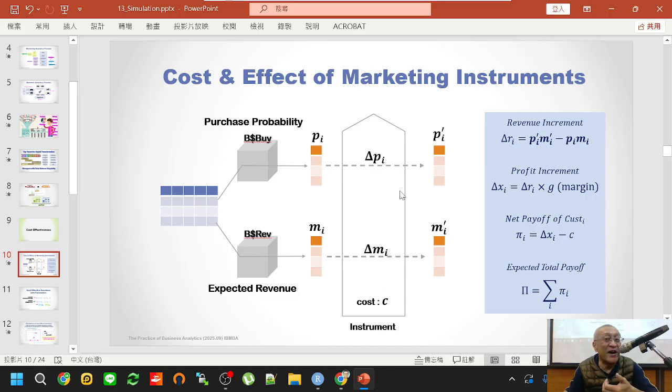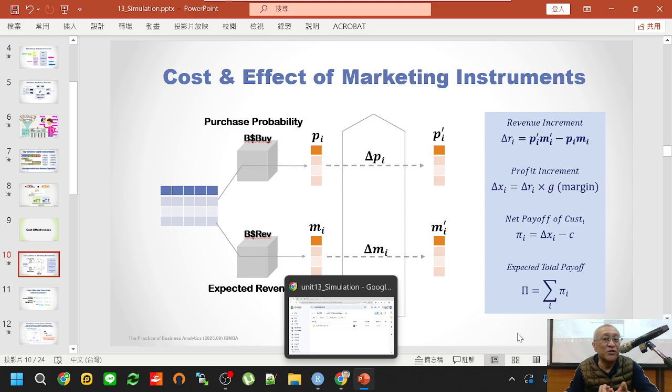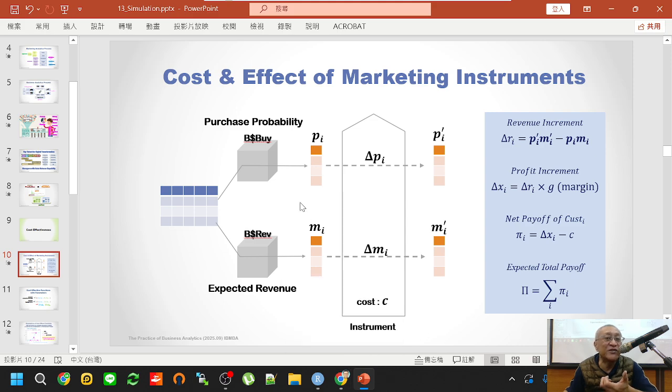And the cost effect, if we add the delta pi into pi, then we'll have pi prime, okay? So this instrument is going to have the effect that raises the original predicted pi and mi into pi prime and mi prime, okay?